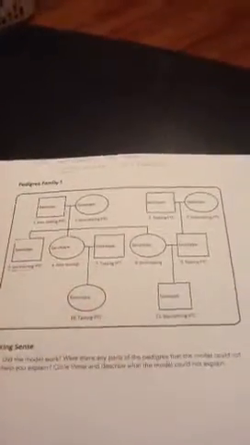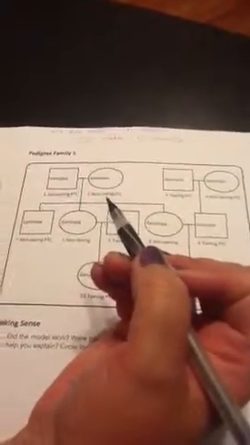Okay? So here's what we're going to do. We're going to think of all of the possible combinations and see if those combinations could come out with the outcome that the pedigree suggests. All right? So let's start here. We've got a phenotype of non-tasting PTC. Remember, phenotype is the expressed trait.